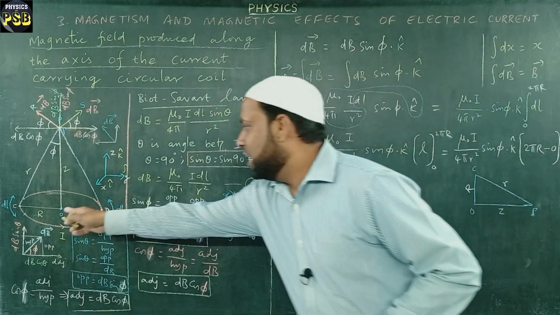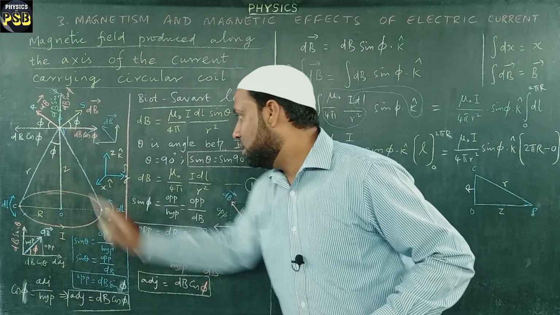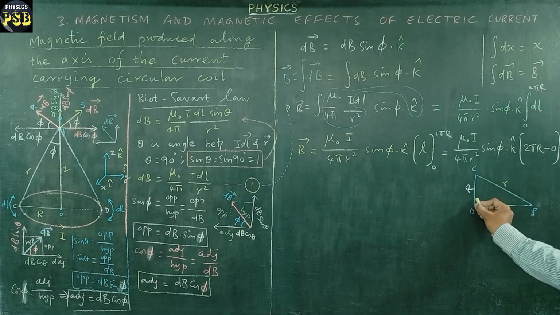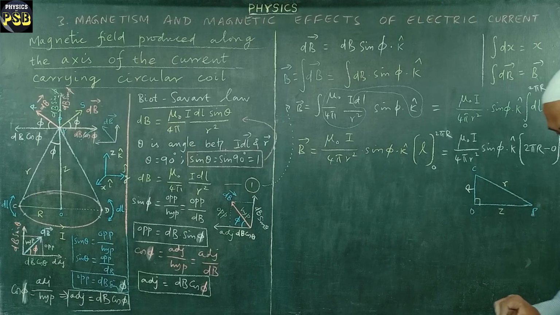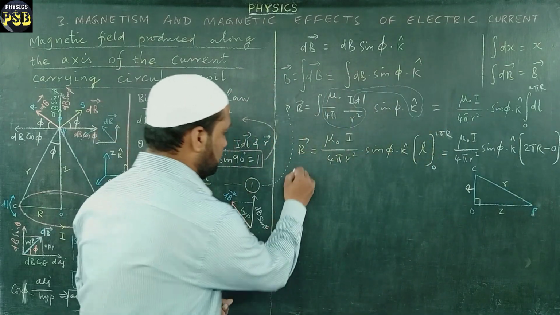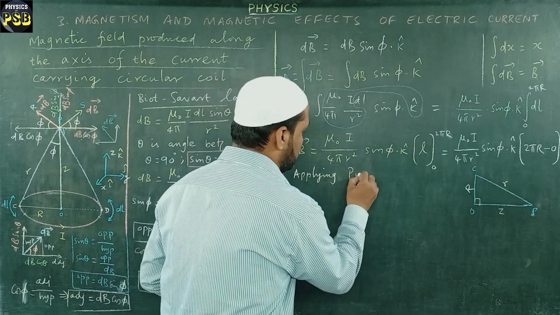Because this line is taken along the Z axis. So the length is taken as Z. Clear? This is a right angle triangle. I apply the Pythagoras theorem to this.